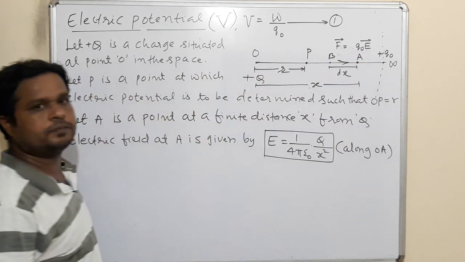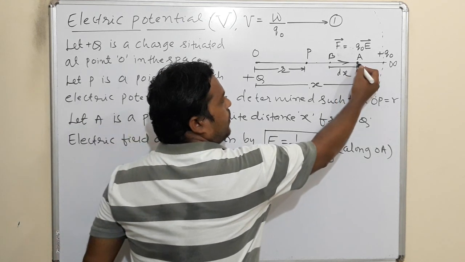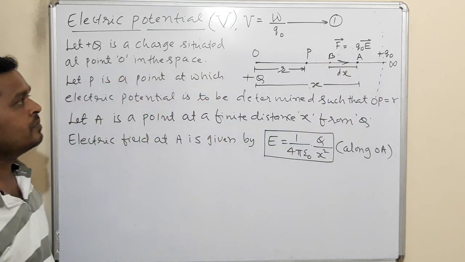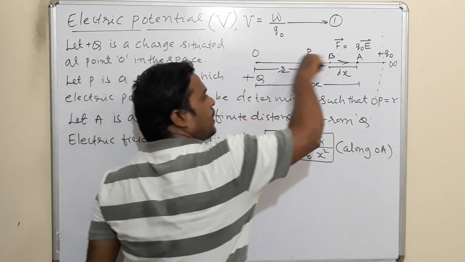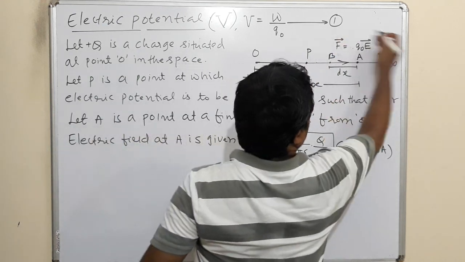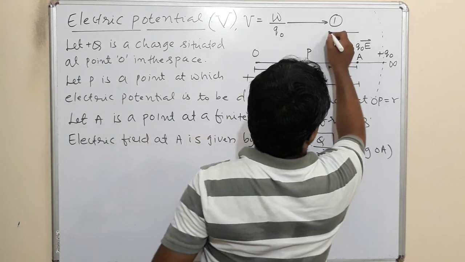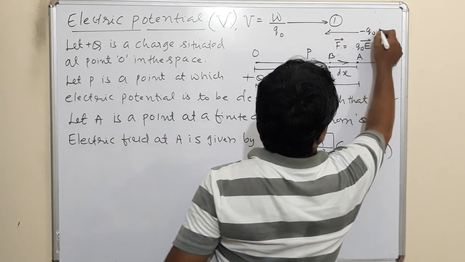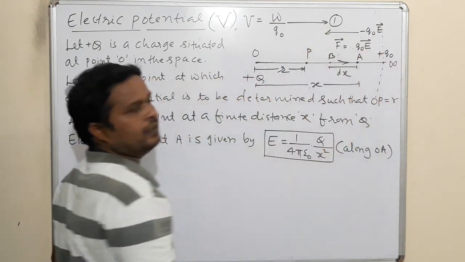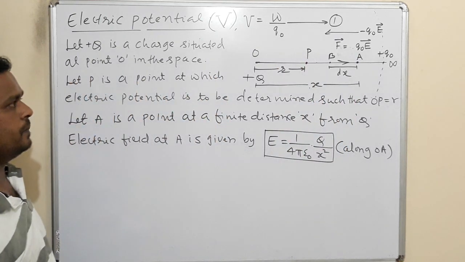I want to move this Q naught through a small displacement dx from A to B. If it experiences a Q naught E force this side, then I have to apply a force of minus Q naught E in the opposite direction, so that I can move it from A to B through a small displacement dx.